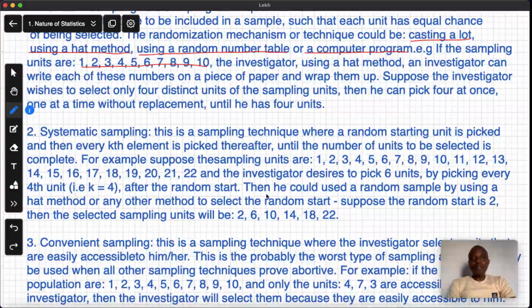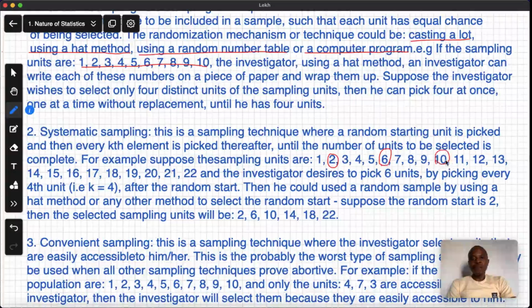So when he decides that, assuming that the one he picked first, which is the only one that you pick randomly, happens to be 2, then he's going to pick every 4th element thereafter. So for instance now, if he picks 2 here, you count 1, 2, 3, 4, then he picks unit 6. Add 4 to 6, that should give us 10.